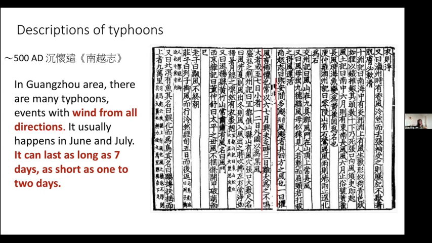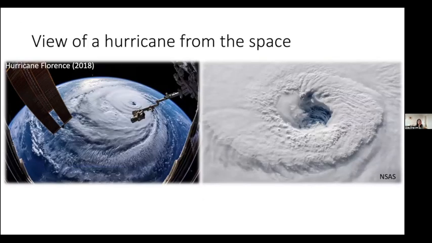But now we have a better idea of hurricanes. Here is a view of a hurricane, which we can already see from space. I think this one is Florence, and you can see a clear spiral shape, like a donut, but with a spiral shape.